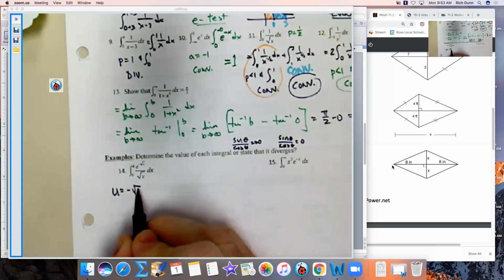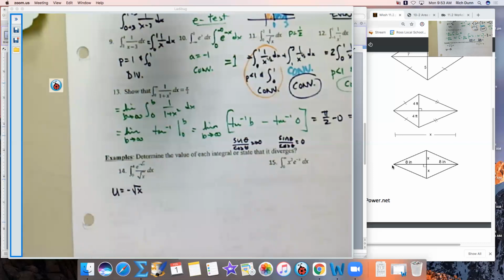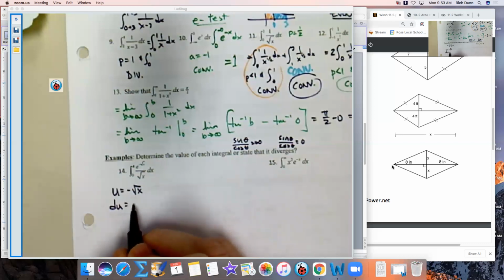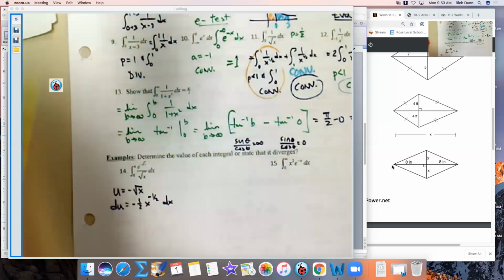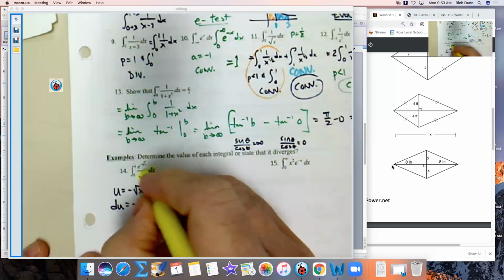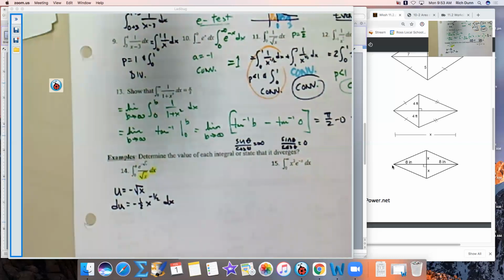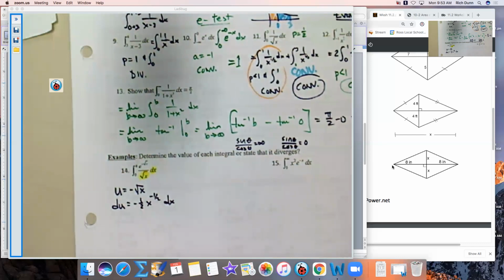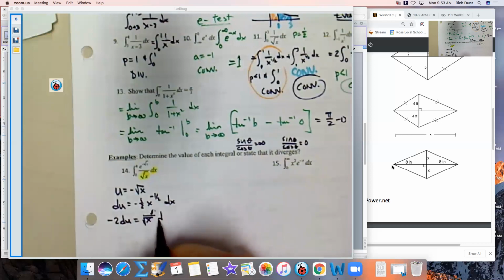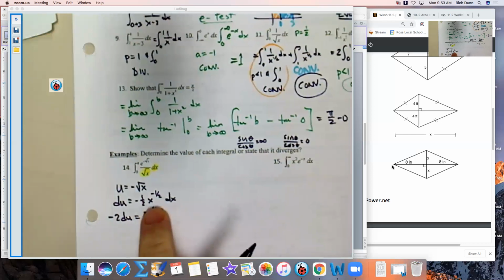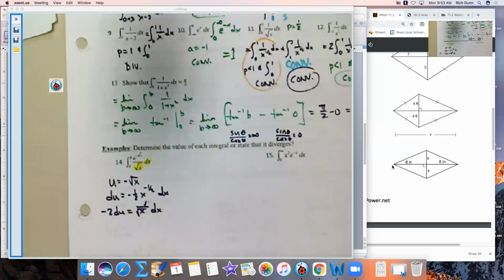U equals negative square root of x, which means du will equal negative 1/2 x to the negative 1/2 dx. I do see a dx and an x to the negative 1/2, but I don't see this negative 1/2 in here. So let's multiply both sides by negative 2. And now we have, I'll even rewrite it like they have it, so you can clearly see that all of this gets replaced with negative 2 du.